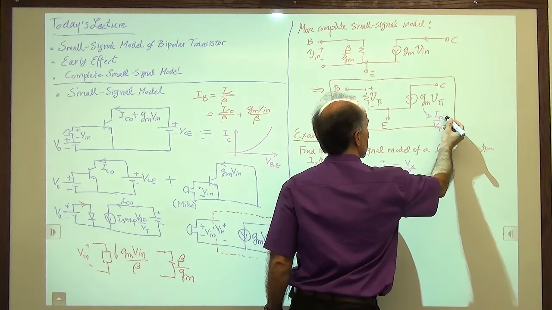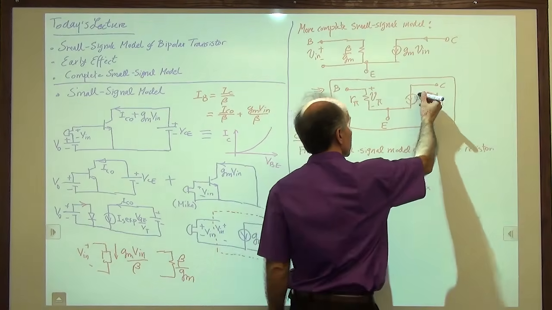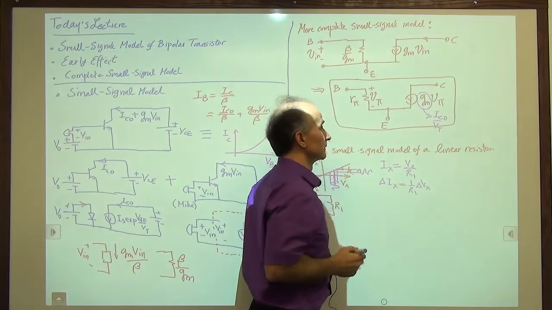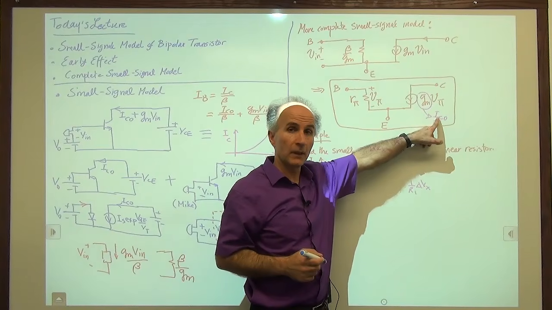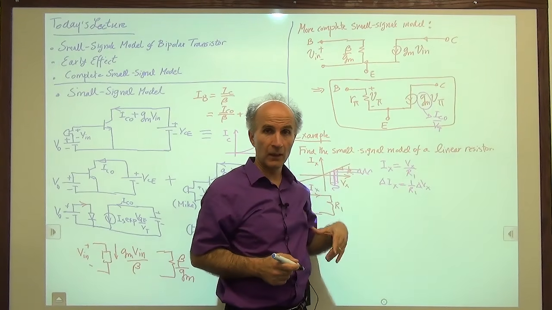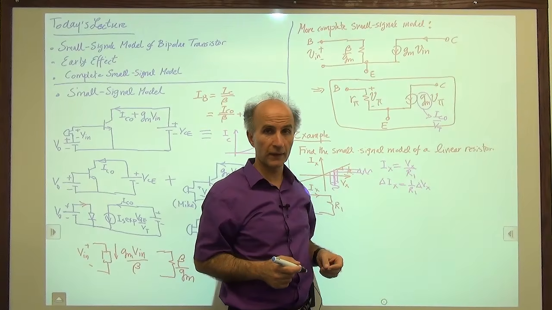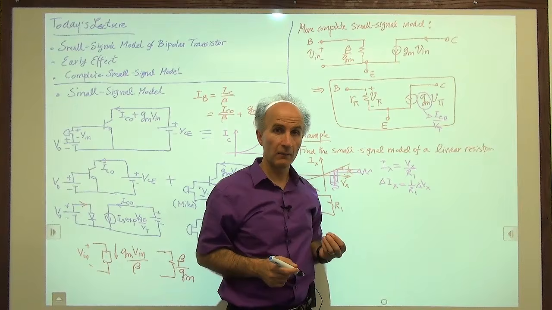IC is the bias current, so maybe it's called IC0. So that's gm. For example, if the bias current is 1 milliamp, gm would be 1 milliamp over 26 millivolts, approximately 1 over 26 ohms, which is approximately 40 millisiemens.